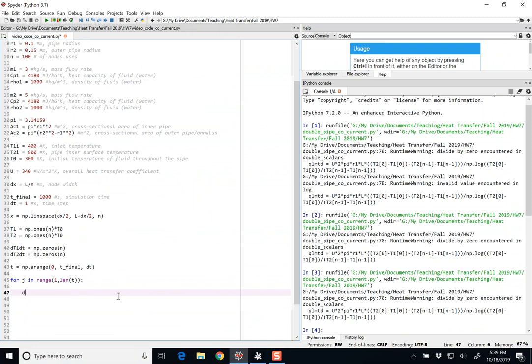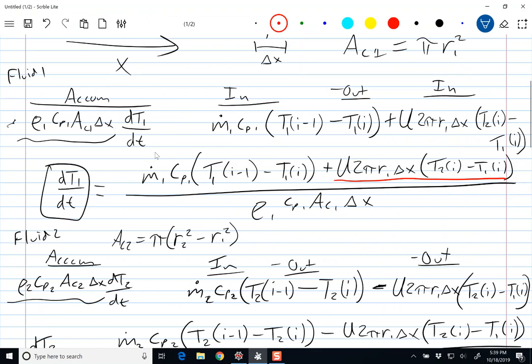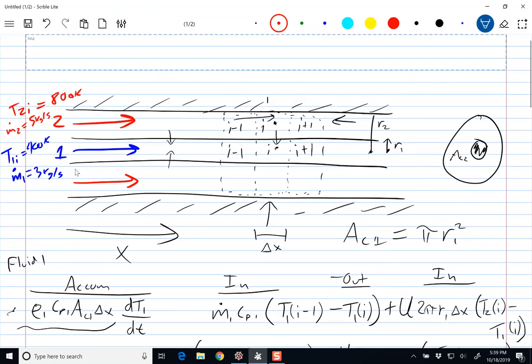So we're going to go dT1/dt. This is going to go from node 1 to node n. In Python, the indexing starts at node 0. So we're not actually doing the 0th node, which is going to be right here at the beginning. We're going to have to do a special energy balance there.